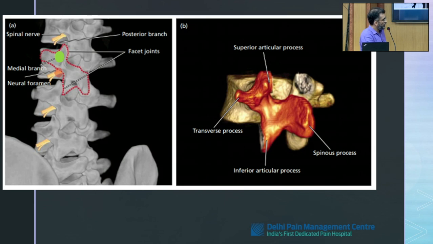So any transforaminal, whichever route you want to go, below the pedicle is the site for a foraminal injection. Pedicle above and medial is the site for facet joint injection. And this is the site for median branch, and you need to keep the active tip in this particular direction for the median nerve RFA.